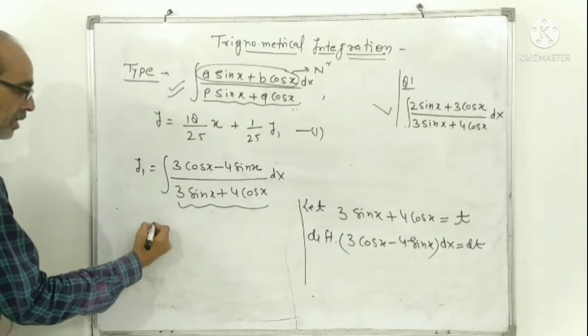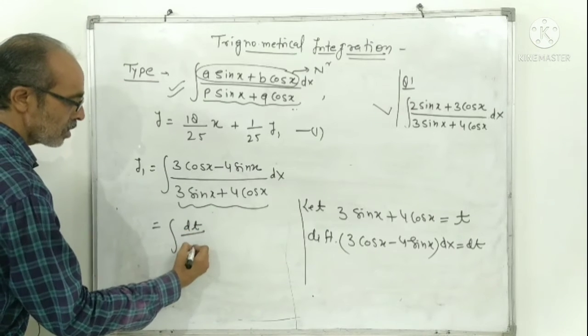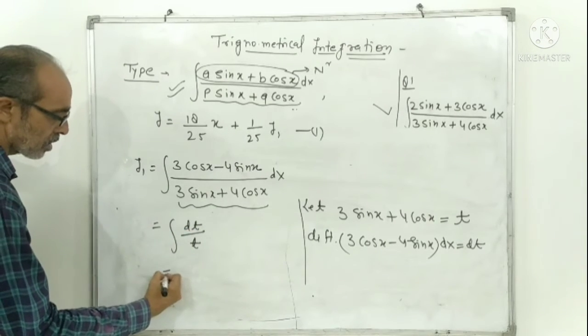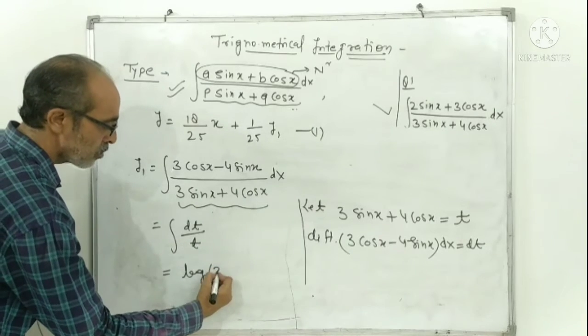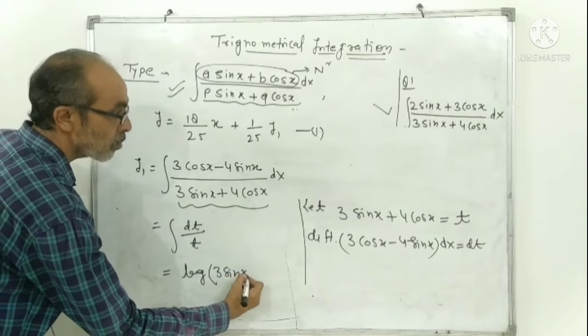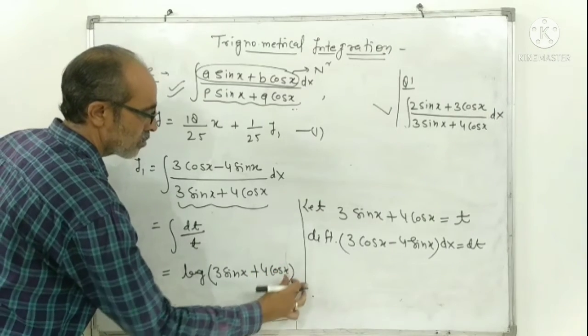So the given integral I1 is in the form of dt upon t, and the integral of dt upon t is log of t, and the value of t is 3 sin x plus 4 cos x.